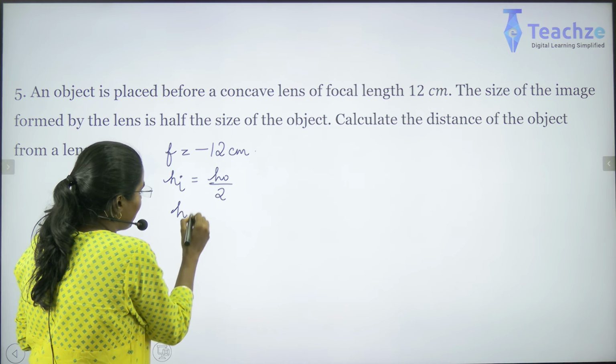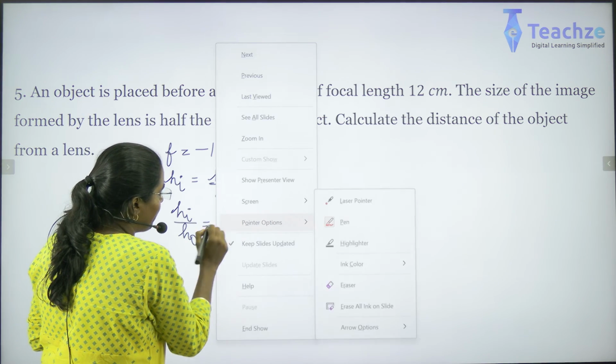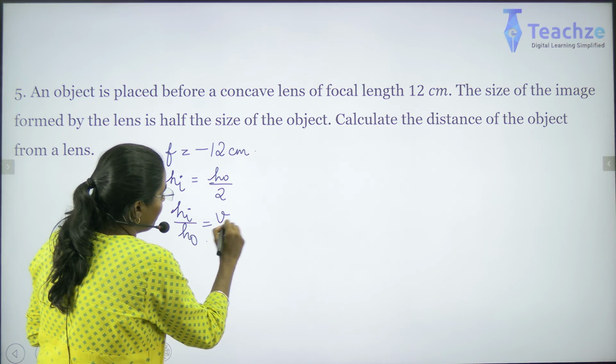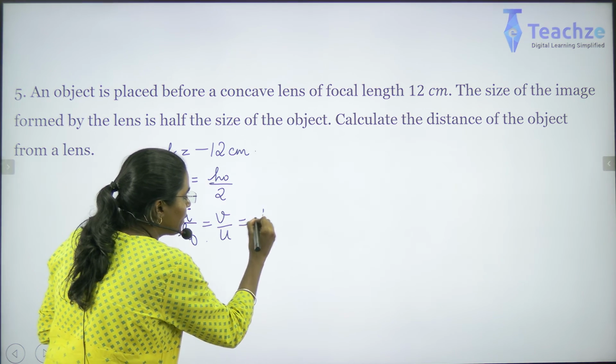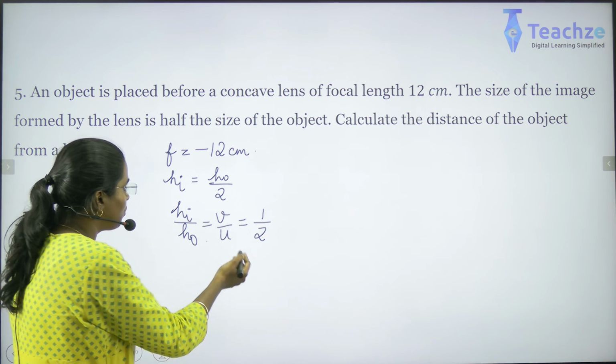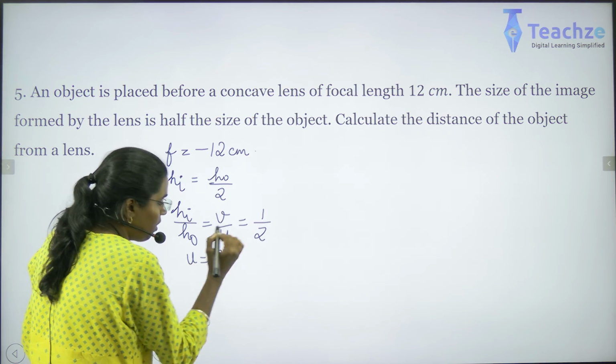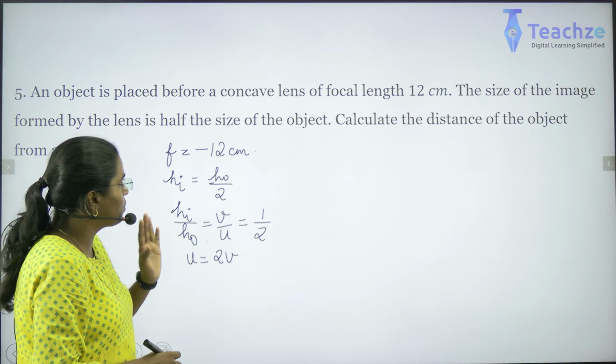So can I write HI by HO equal to V by U equal to 1/2? Half. The ratio is half. So can we say that U is equal to 2V? Yes, U is equal to 2V.